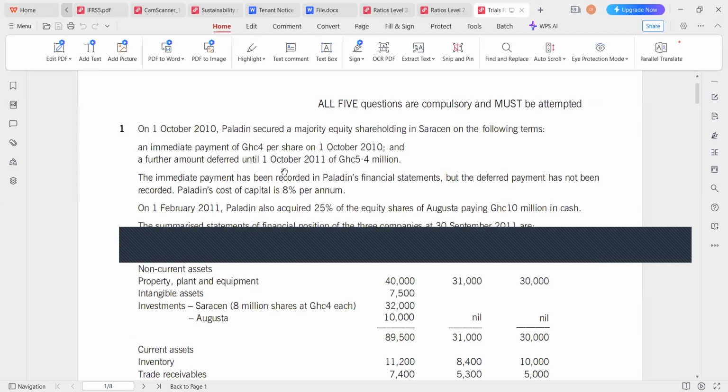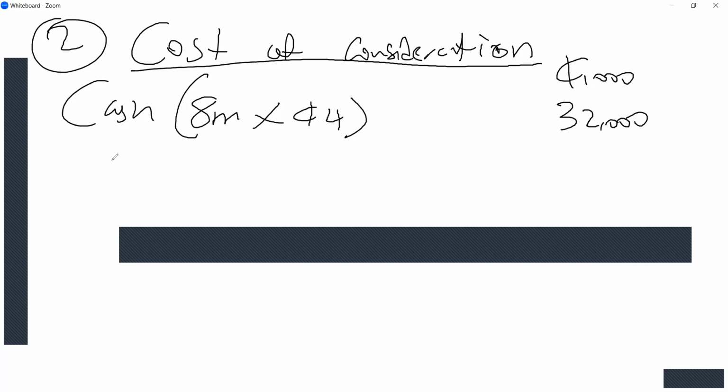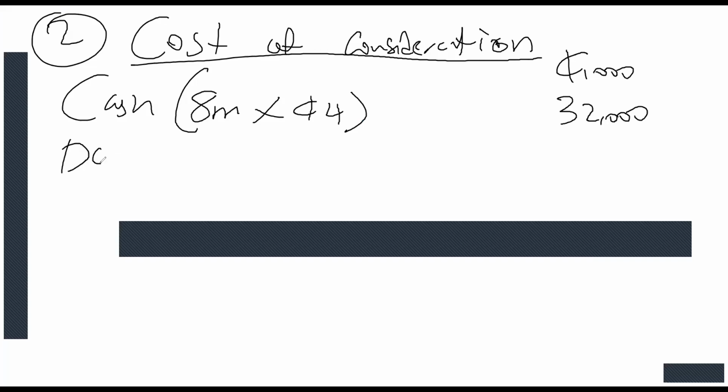Deferred until when? 1st October 2011. So how many years from the date of acquisition? Sir, please, 1 year. Good. So you have to find the present value of the deferred consideration.